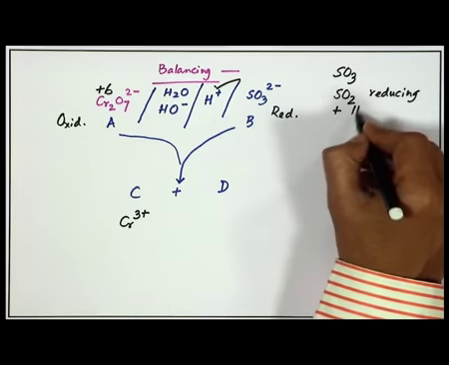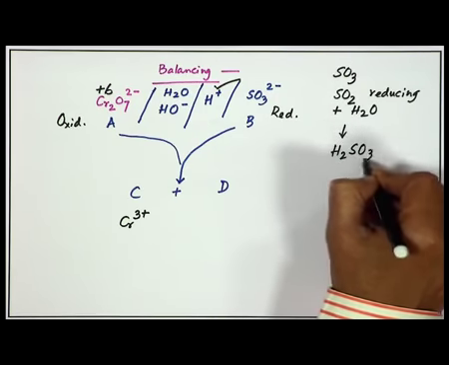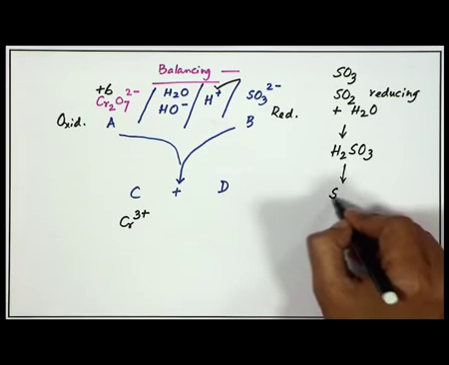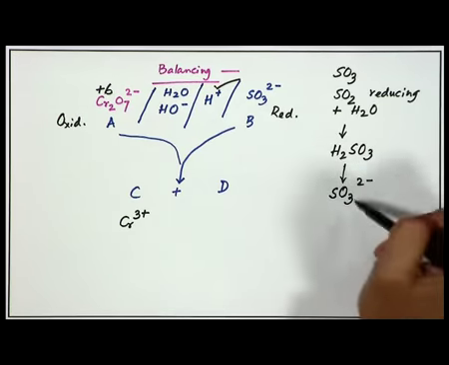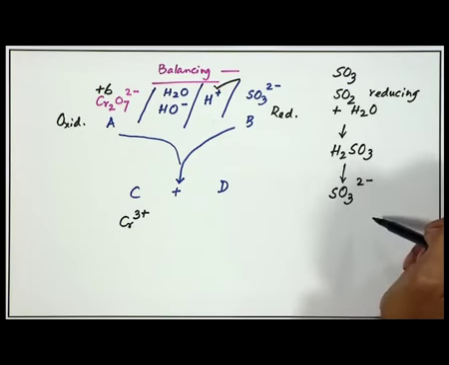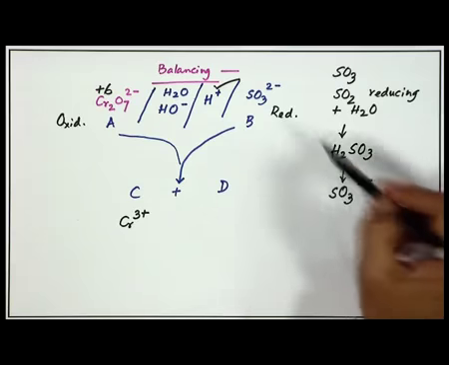When it reacts with water we get sulfurous acid, and when that is ionized we get the sulphite ion. Sulphite ion can also be produced from metabisulfite, the anhydride of this sulphate. So this is the reducing agent.